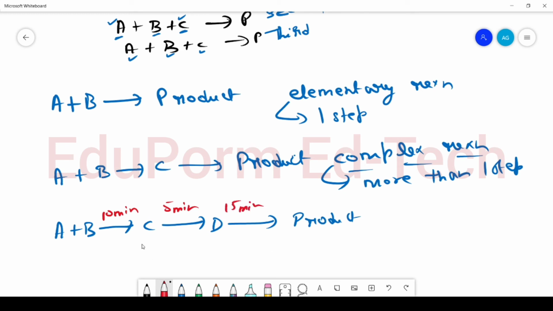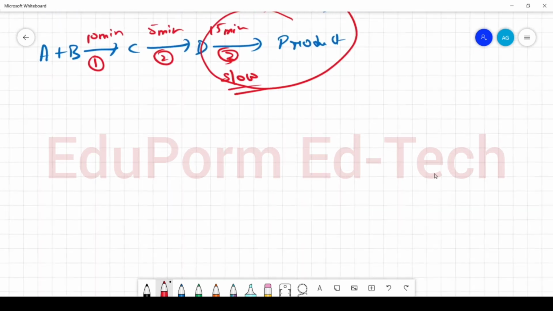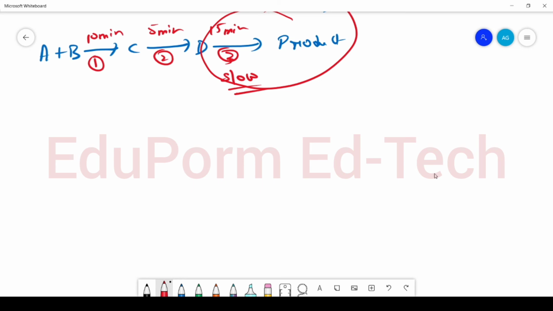So this is step number 1, this is step number 2, and this is step number 3. So in this case, step number 3 is the slowest step. So the rate of reaction will be determined by the slowest step, that means the third step. So for any complex reaction, the rate of reaction is determined with the help of the slowest step.